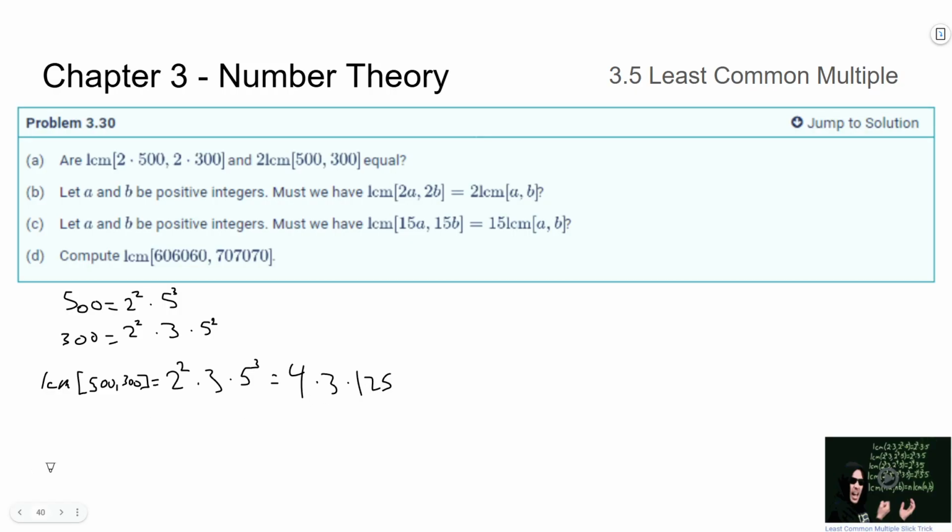So 125 times 2 would be 250. So times 4 would be 500. 500 times 3 would be 1,500. 1,500, okay? So now how do we compare that to this other one here?